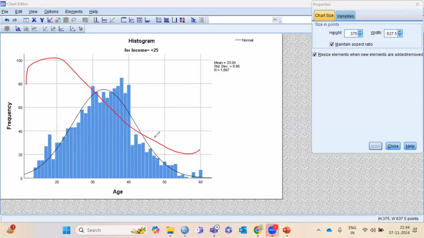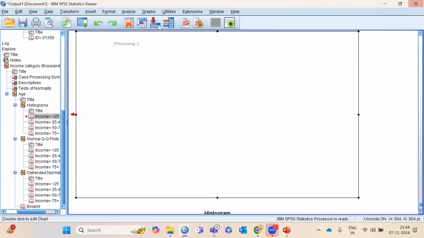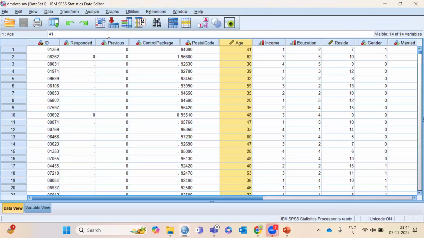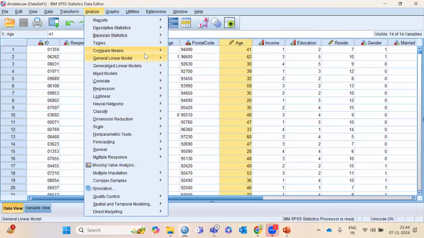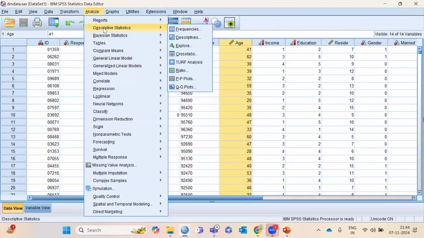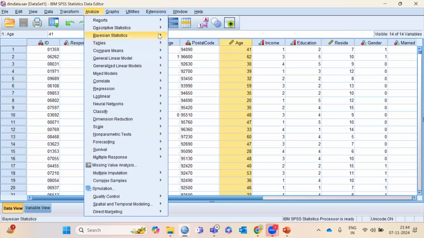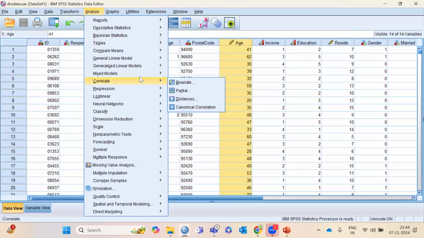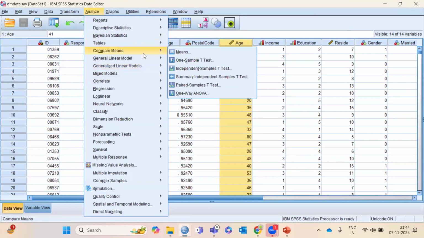That time I should decide different kinds of tests, which we will study in upcoming classes. Under the analyze tab, I have Bayesian statistics and different types of statistics. I have ANOVA test, t-test, regression, correlation, and different models and tests.